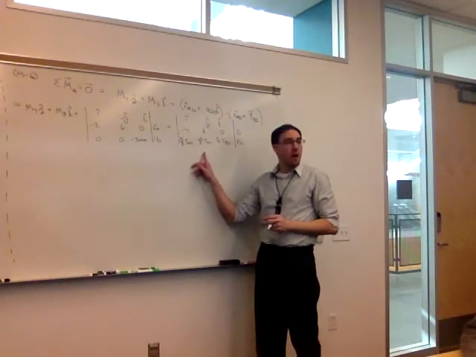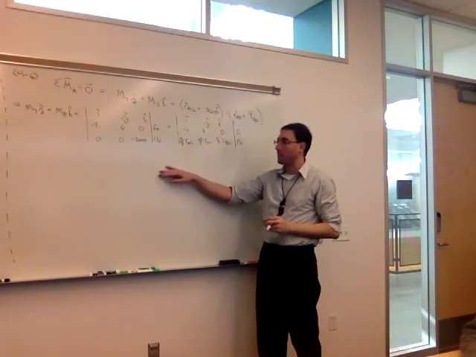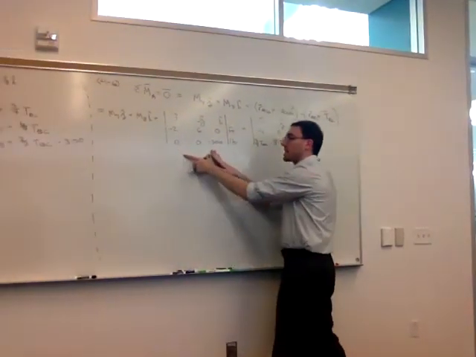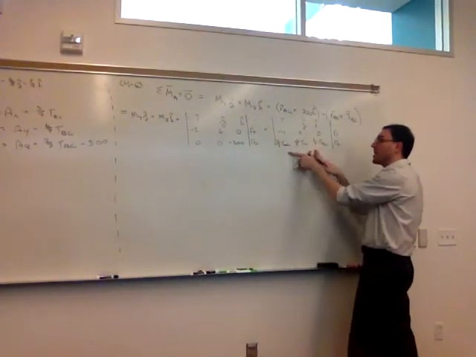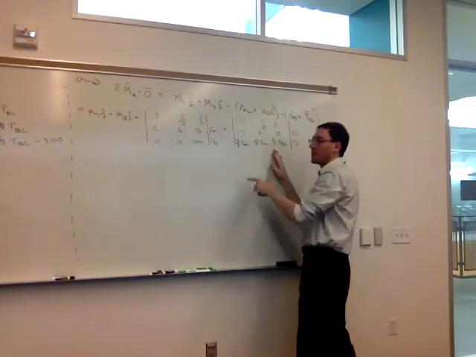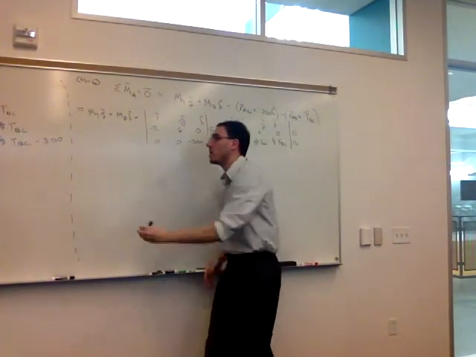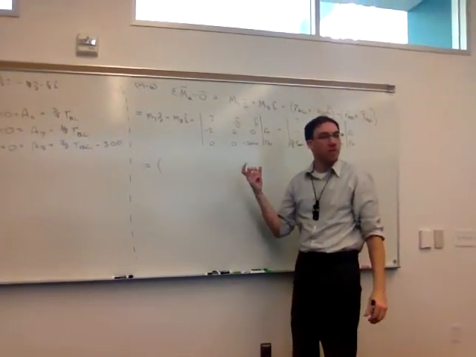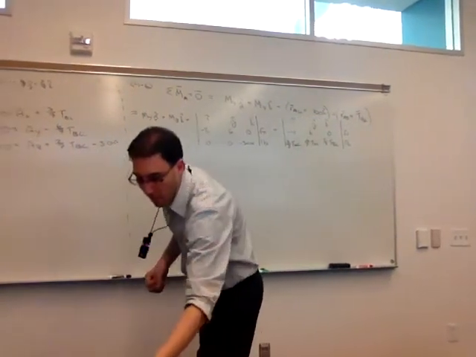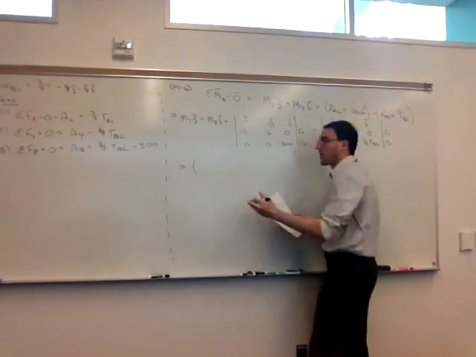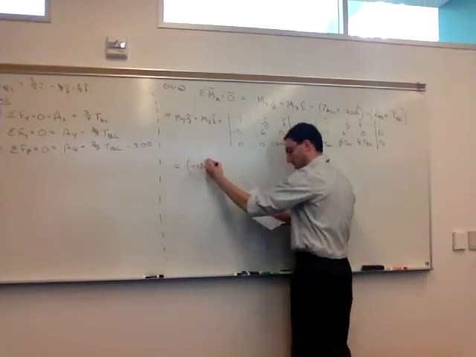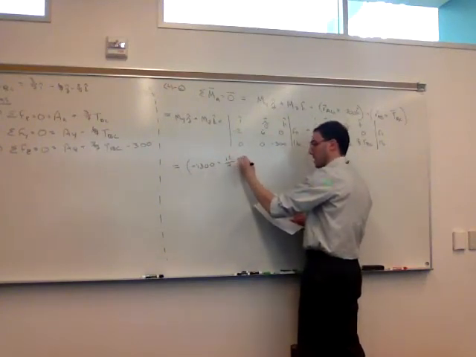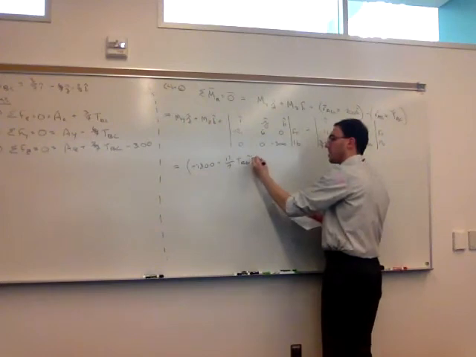So we have two cross products to expand. I won't go through all those steps right now because we did that in Chapter 4. But what we're going to get is we'll expand this, get ijk components, expand this and get ijk components. We already have a j and a k here. So skip a couple steps here, group all of the like terms together. So if we do that, we're going to get negative 1800 plus 12/7 TBC, i hat.